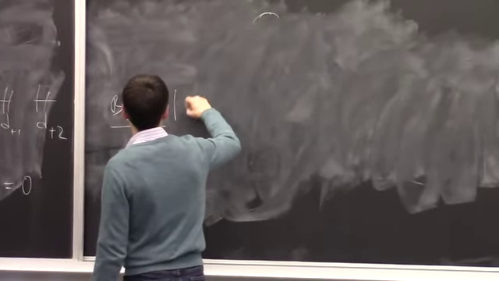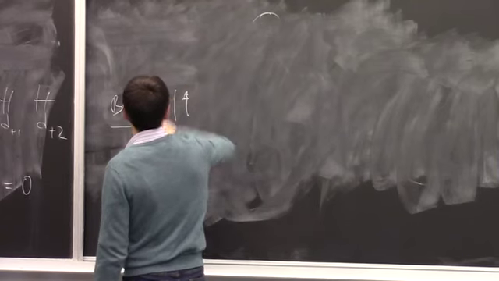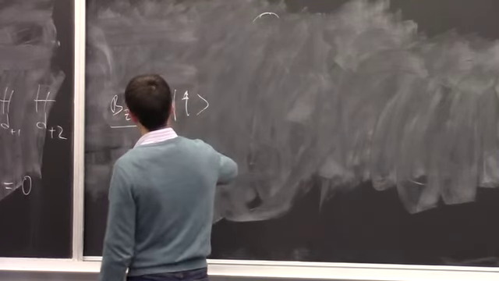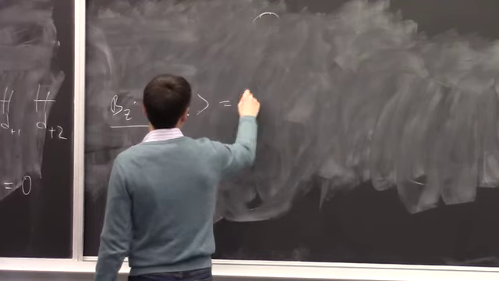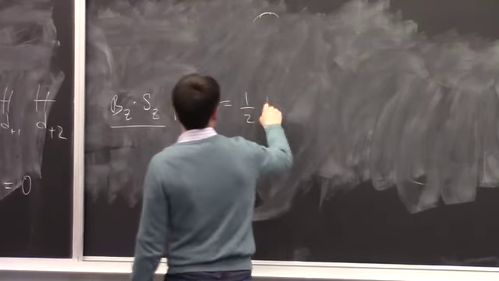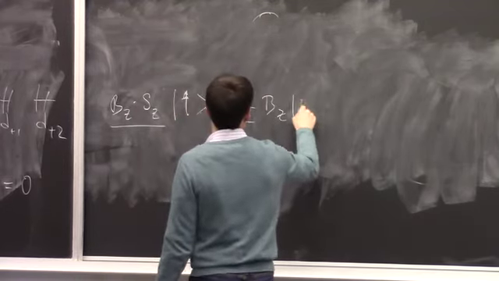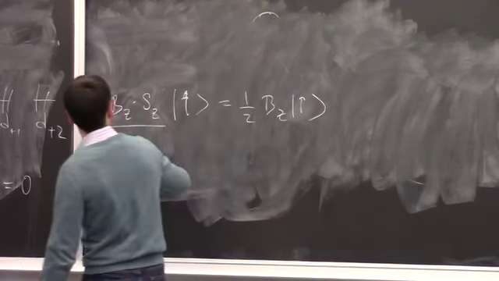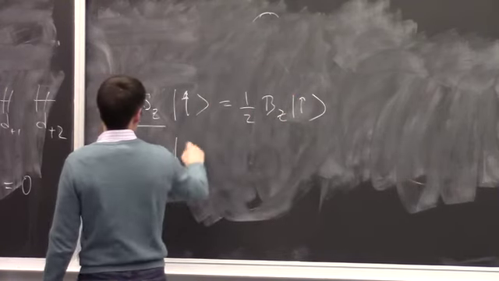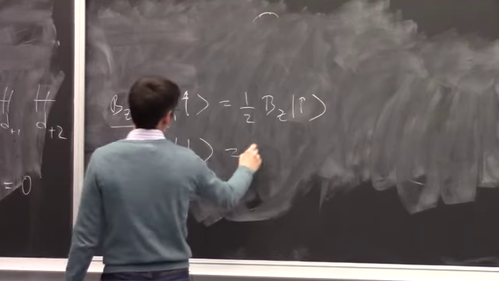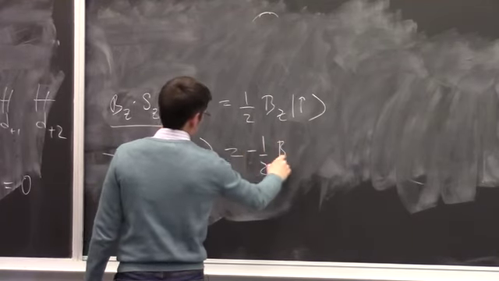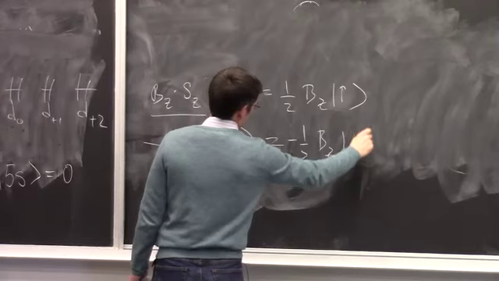When we have silver atoms with so-called spin up, then I will produce 1/2 Bz spin up, and when we have spin down, then we have minus 1/2 Bz spin down.